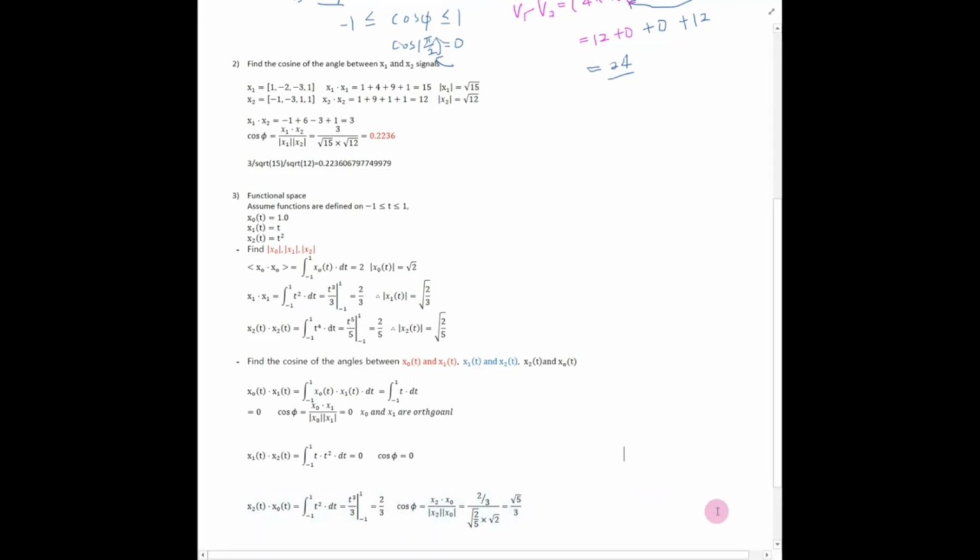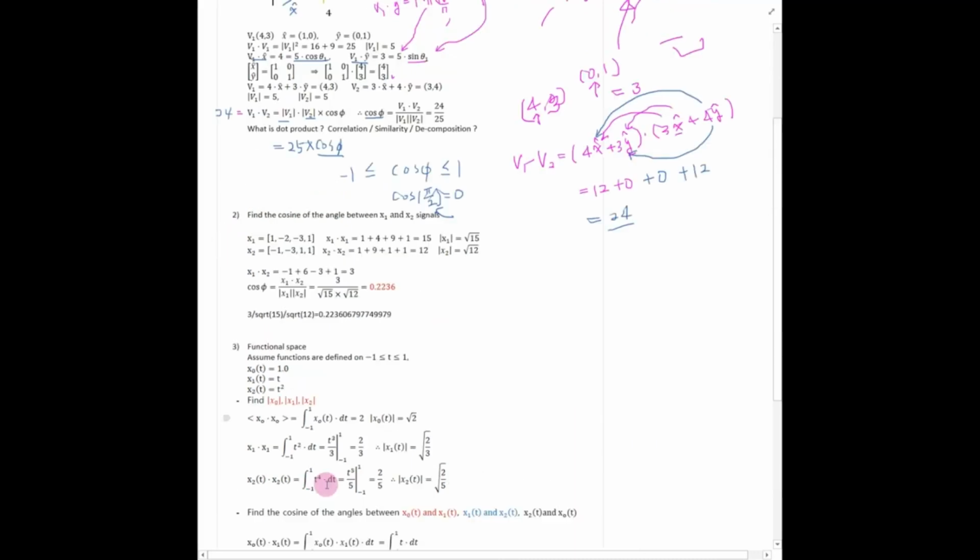So I can calculate that, square root of 5 over 3 is about 0.745. So we have the cosine value of the angle.